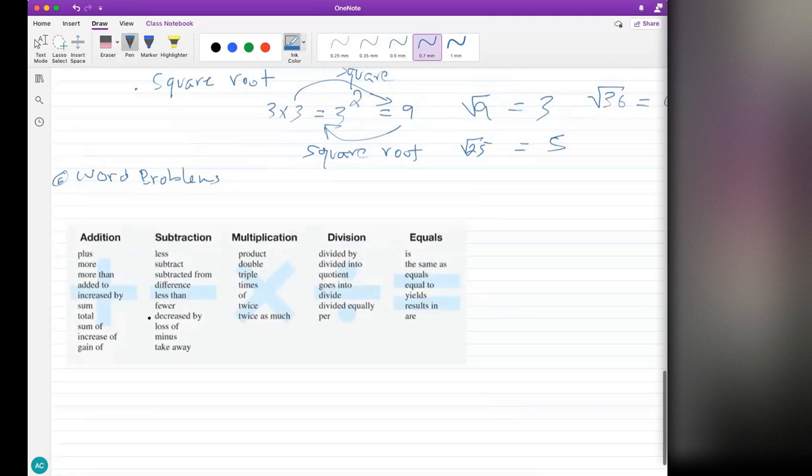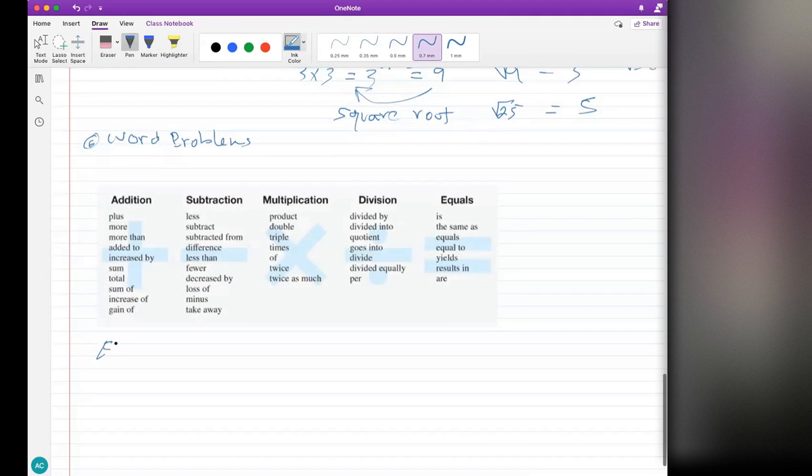Okay, let's say the sum of 2 and 5 subtracted or multiplied by 6.